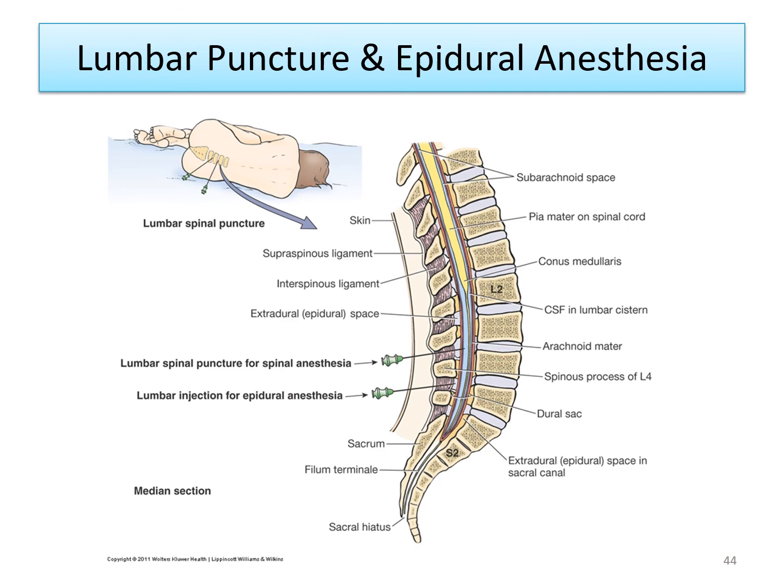And the order of structures you would penetrate would be first skin, then your subcutaneous tissue, then the supraspinous ligament, the interspinous ligament, and then you would end up in the epidural space. And after the epidural space, because it's a potential space, you would hit the dural sac. The dura is pretty tough. That would actually create a pop. And then you end up in the subarachnoid space where CSF is.